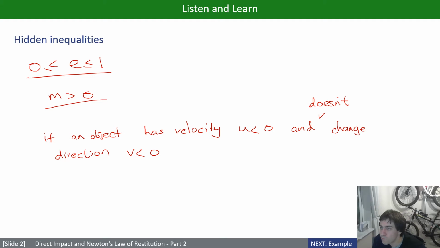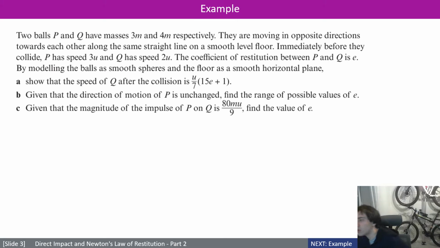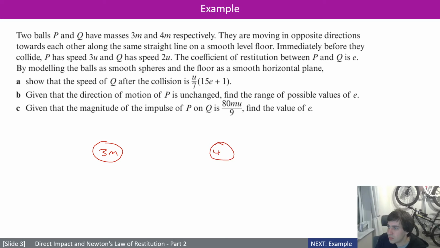Okay, cool. So with that said, let's take a look at an example. Things getting a little bit more algebraic here, a lot more unknowns. We've got two objects, their masses are 3m and 4m, moving in opposite directions but towards each other.